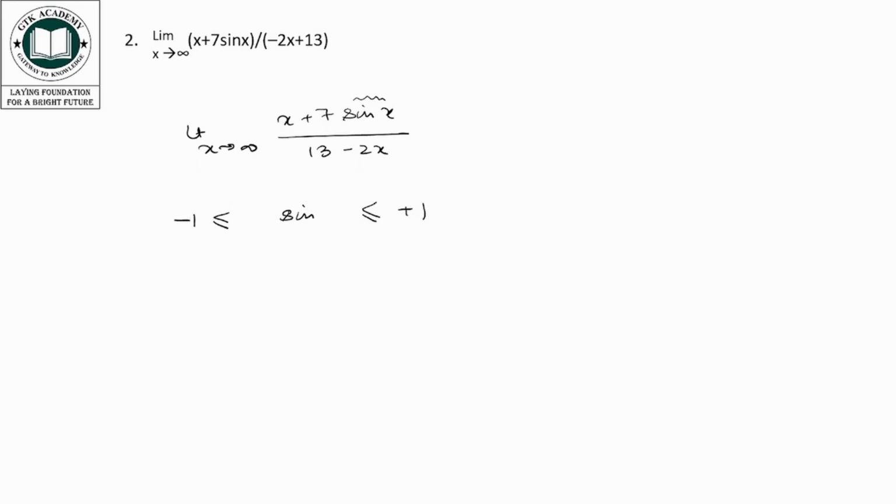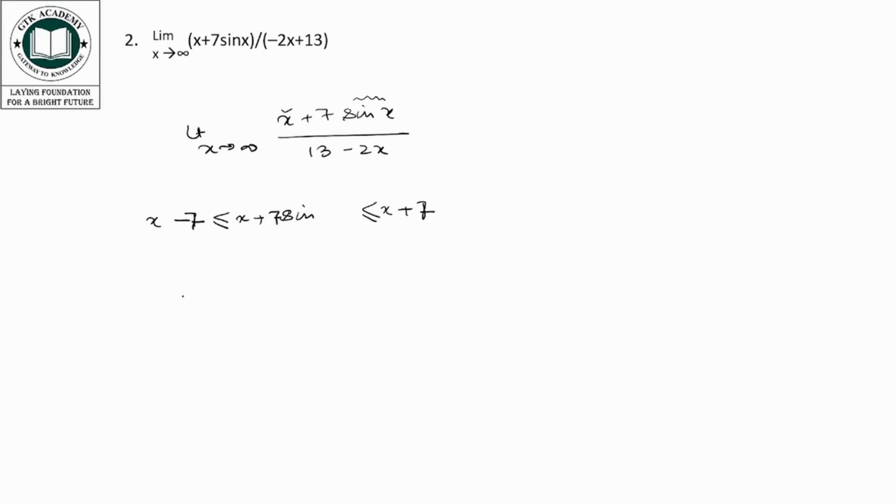Now we have 7 sine x, so you multiply by 7, here also 7 and here also 7, and we have x also here, so just add x here. We can add anything in an inequality. I already told you there is no problem.